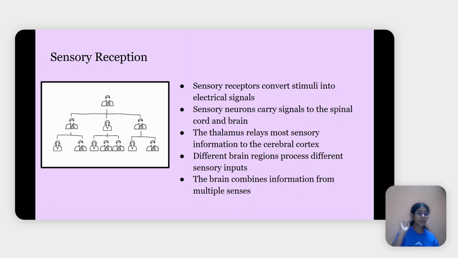The thalamus then relays most sensory information to the cerebral cortex. Depending on what the information is, this more often tends to be between the parietal and occipital lobes. And then different brain regions process different sensory inputs. Again, it depends on what the sensory input is. More often than not, it is the parietal or the occipital lobe. Then the brain combines the information from these multiple senses.